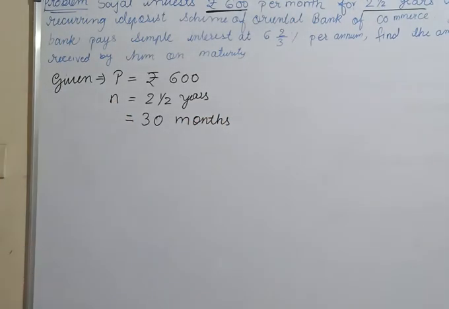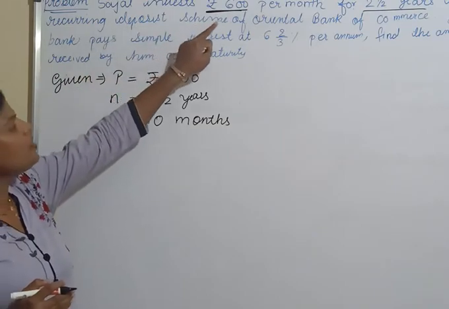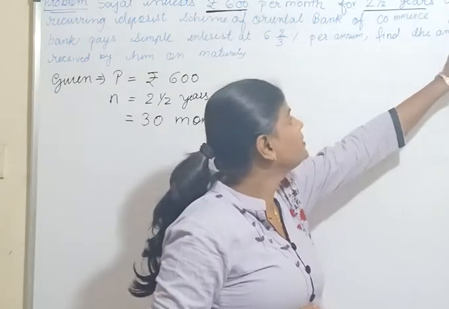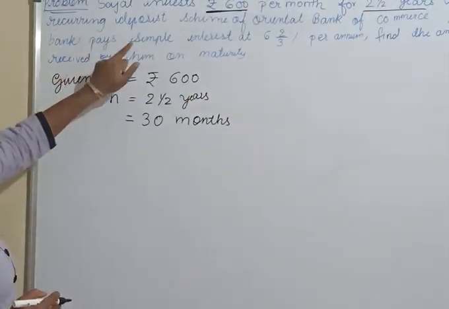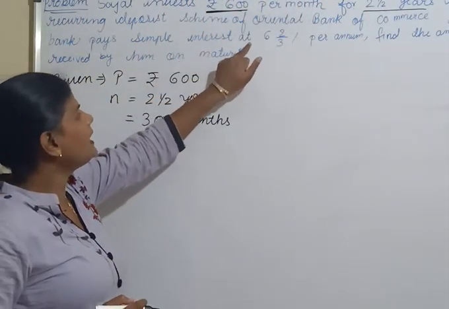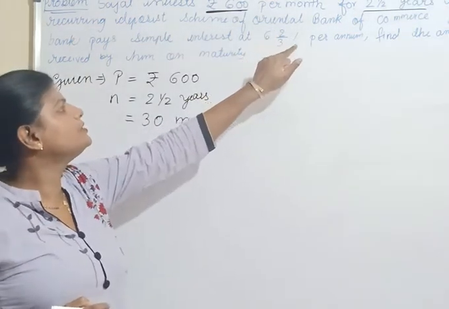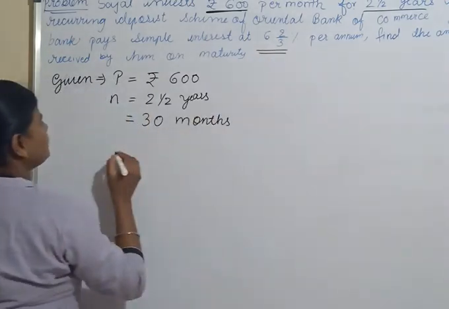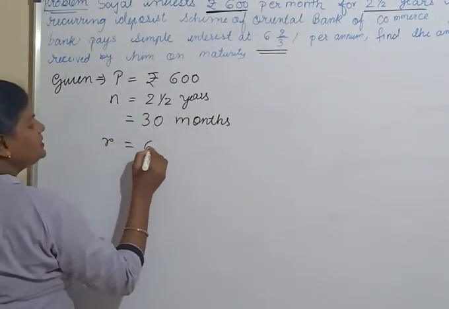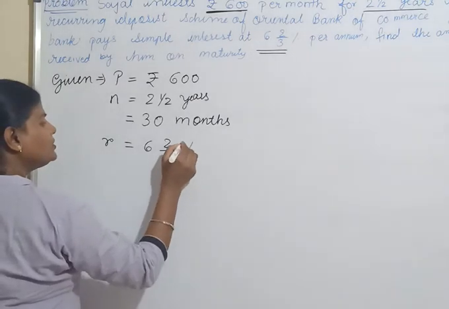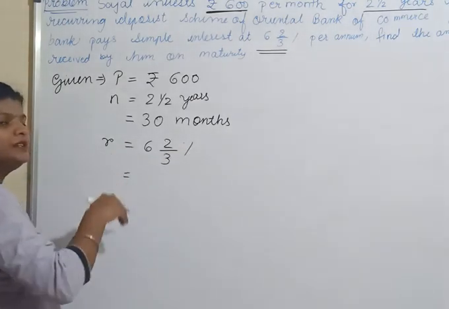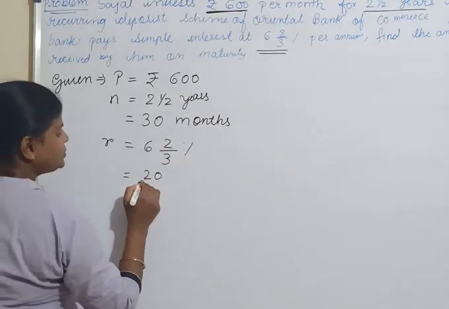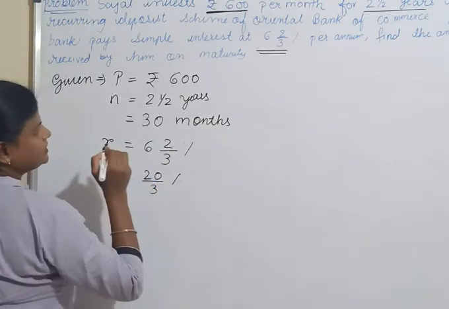In a recurring deposit scheme of Oriental Bank of Commerce, the bank pays simple interest at 6 integral 2/3% per annum. So this is your rate of interest. Convert it into an improper fraction: 20/3%.